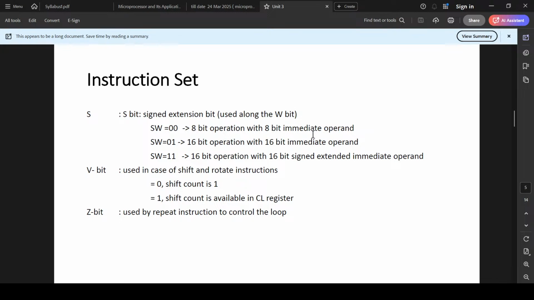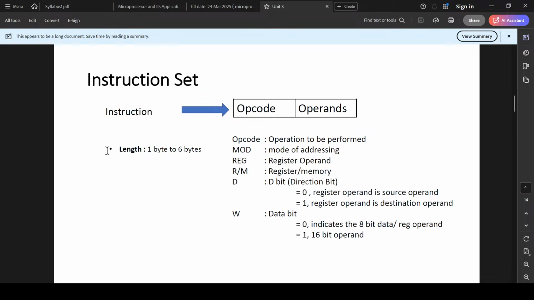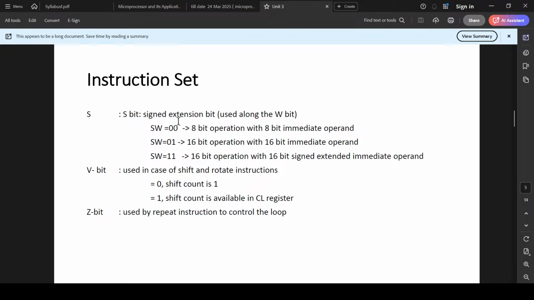We'll just remember that S is used with W, and W was for 8 bit or 16 bit operand. So you can say 8 bit, 16 bit, 16 bit, and this becomes 001.